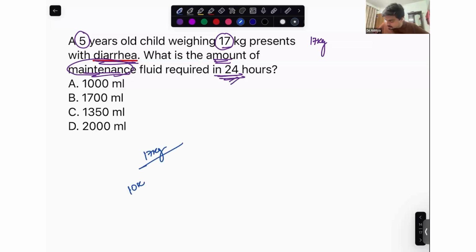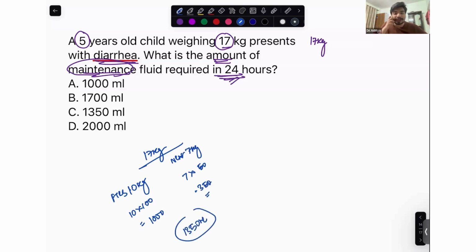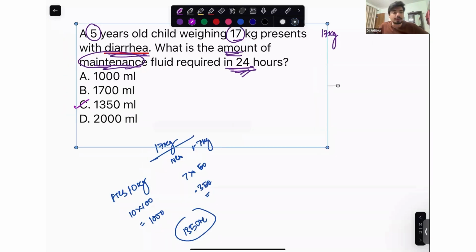For the first 10 kg, it will be 10 into 100, which is 1000. For the next 7 kg, it will be 7 into 50, that is 350. So the total will be 1350 ml. The answer is going to be option C. Moving on to the next question.